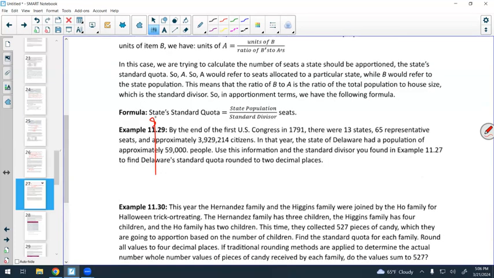So our standard quota is the state population, 59,000, over the standard divisor, which was 60,449.4, which is roughly 0.98.